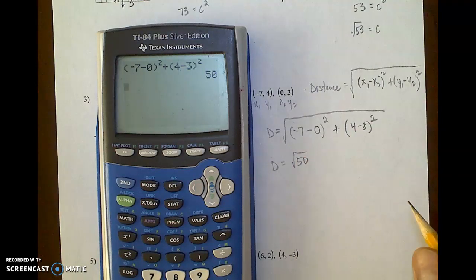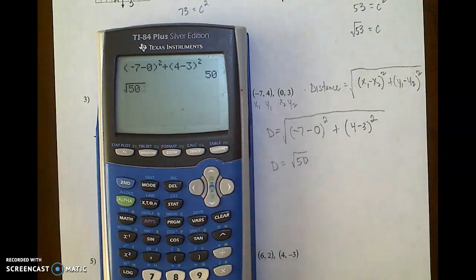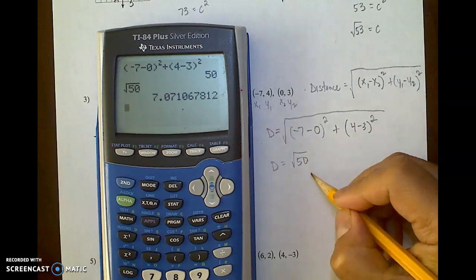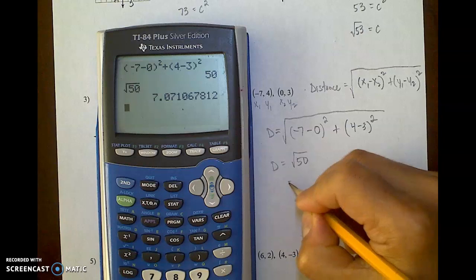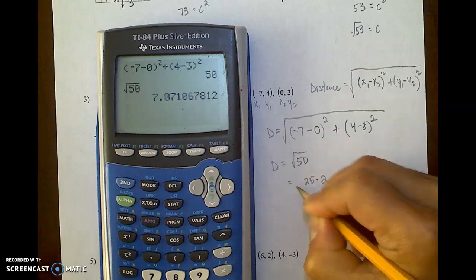50 is not a perfect square. If we take the square root of 50 right now and press enter, we get a decimal. So you're okay to leave it as the square root of 50. Or some of you remember how to simplify radicals. You want to find the biggest perfect square that goes into 50, so we can break that up. 25 times 2.